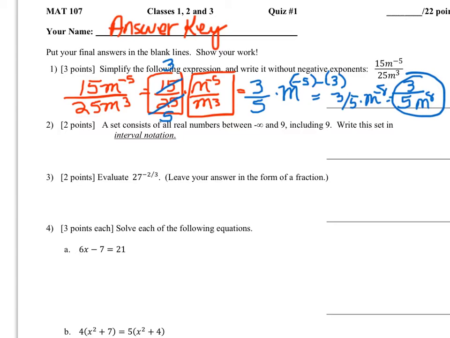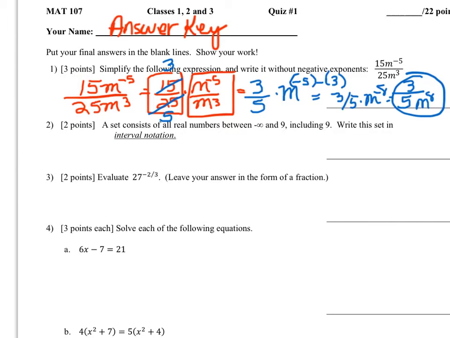The second problem asks us for a set that consists of all real numbers between negative infinity and 9, including 9. And we want you to write this set in interval notation. So what we're looking for here is, do you know the difference between interval notation versus set builder notation? In interval notation, you use either parentheses or a bracket, depending on whether you're including a particular point.